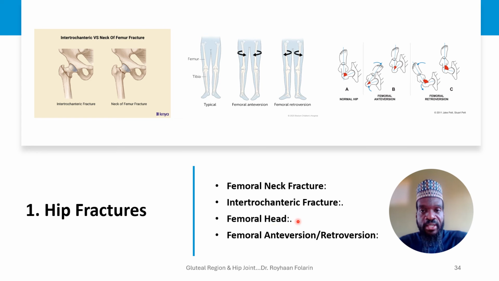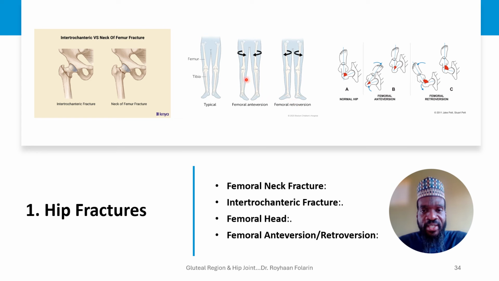We discussed this, and both of them lead to abnormal gait or hip pain, right? Then we also have a variation in the sense of femoral anteversion and retroversion. Here is what an anteverted individual, a person with an anteverted femoral head, looks like, and this is what the retroverted one looks like.